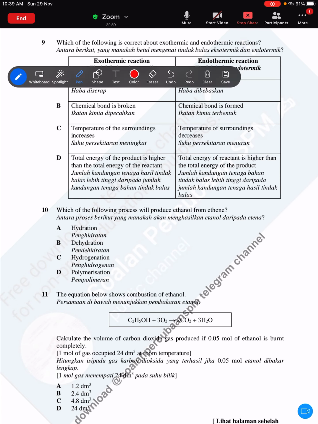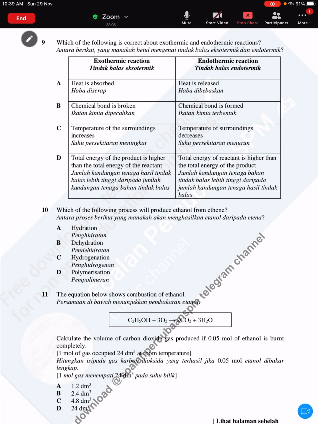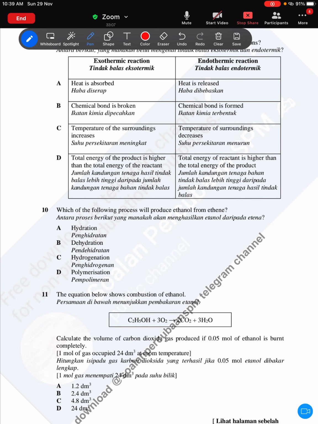Okay. Which of the following is correct about exothermic and endothermic? Guys, before I really proceed with this one, I think I have to do a recall of everything. Exothermic, the heat is released, going out. Correct. So A is automatically wrong.